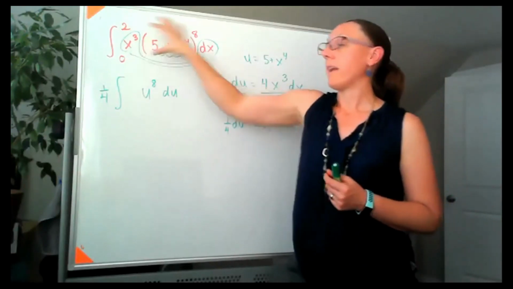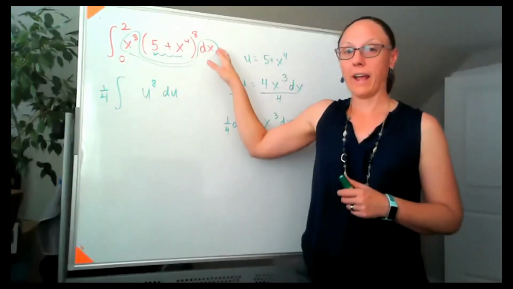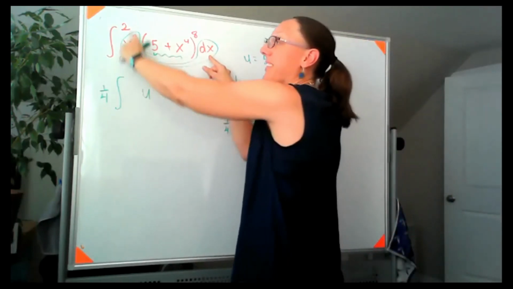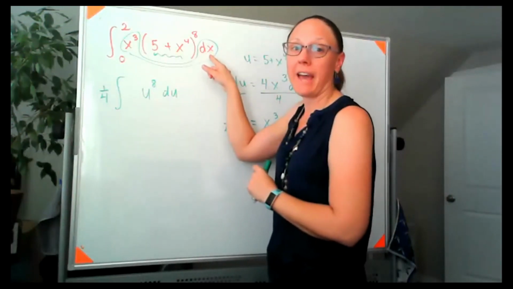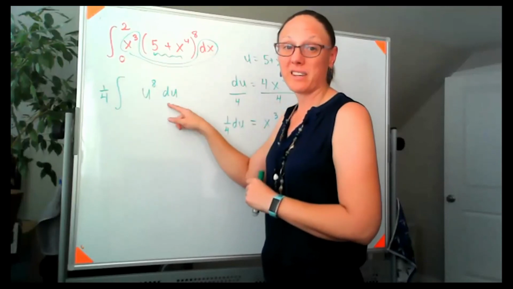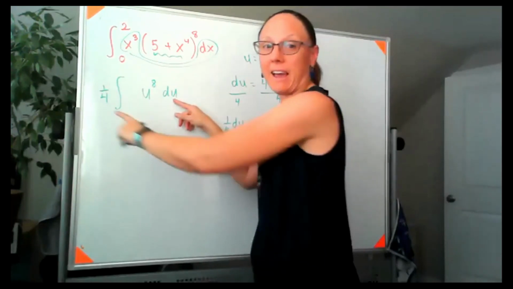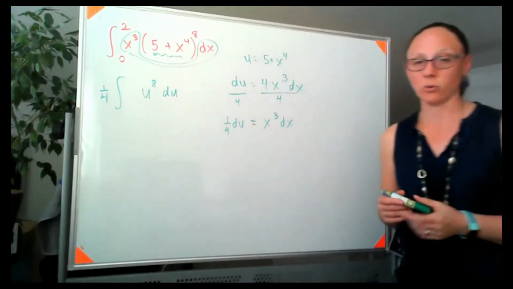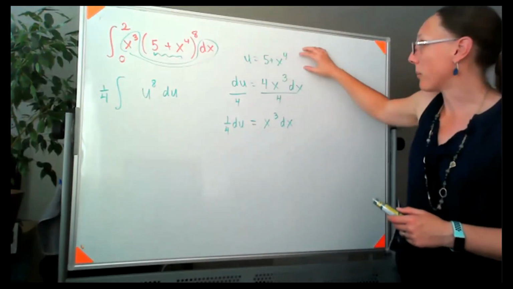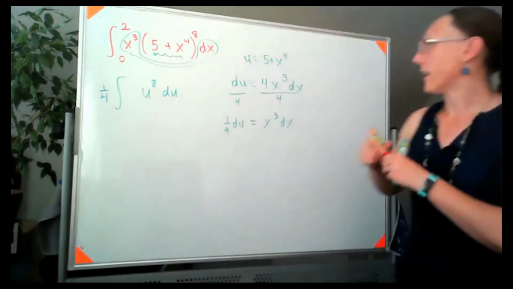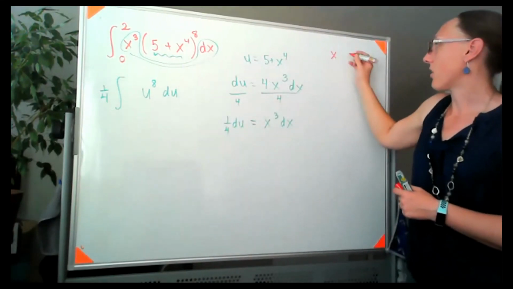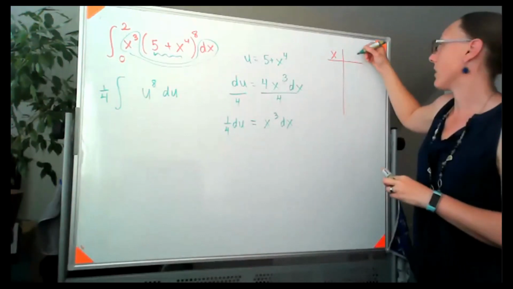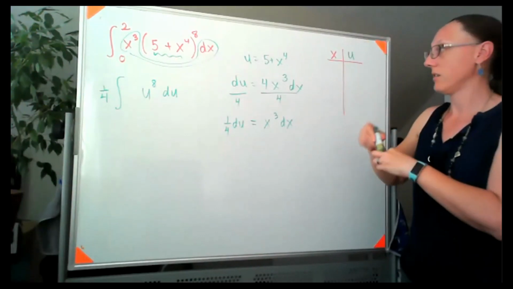When we have a definite integral, whatever variable is out here, it is implied that these two are values of x. So now, because I've got a du here, I have to change these bounds to both be in reference to u. So if I come up here, then we've got our x values and our corresponding u values.